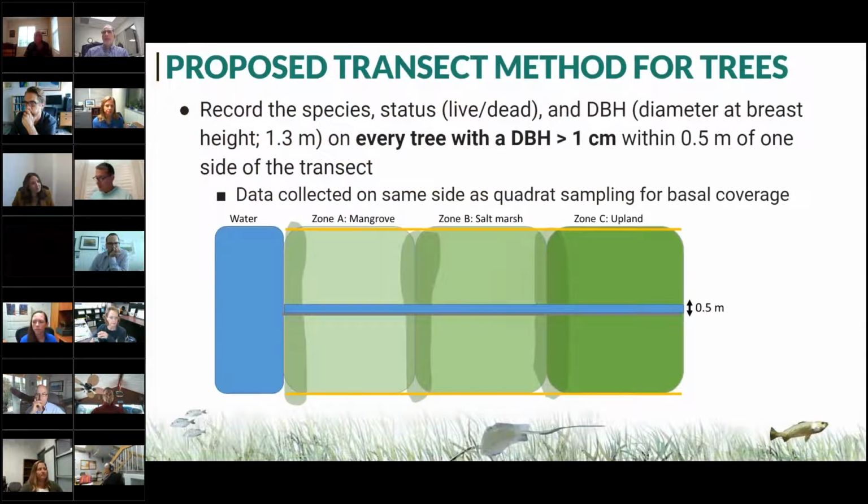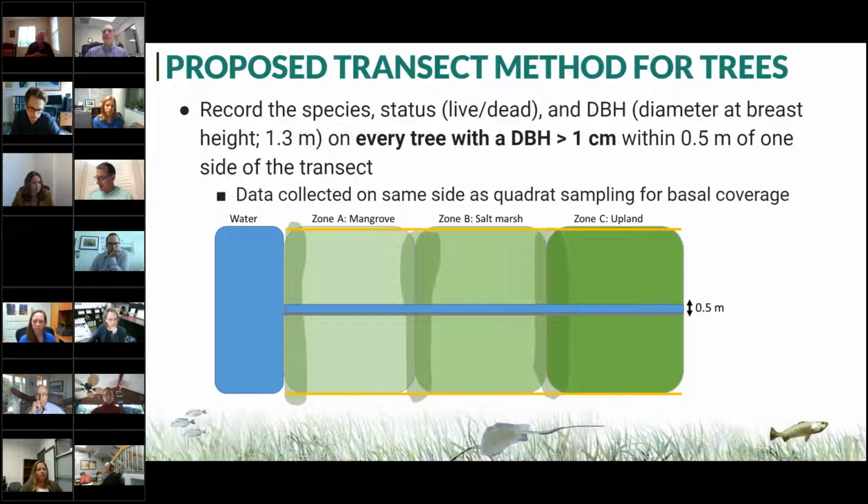Next slide, please. So I'm proposing that we basically start measuring more trees along these transects. I'm suggesting that we do this with a belt transect with wider belts for larger trees, because they are less common.